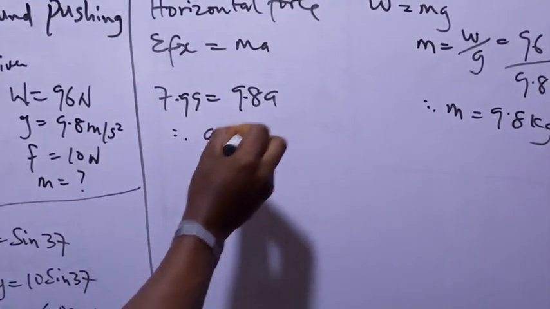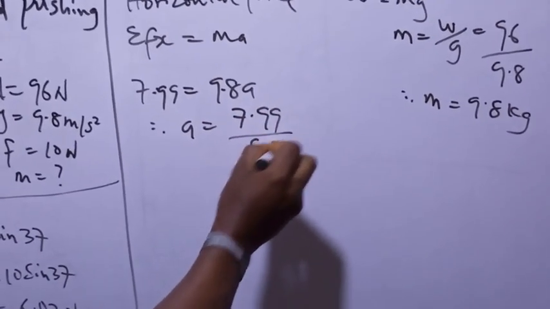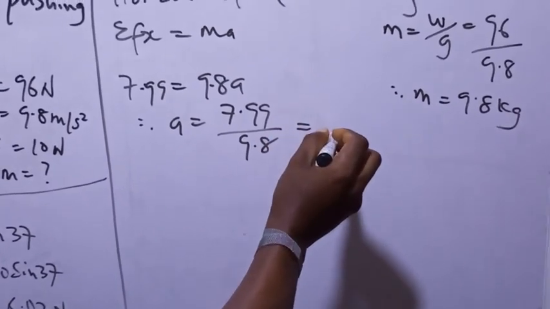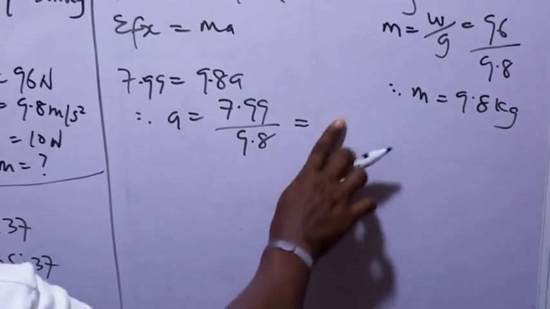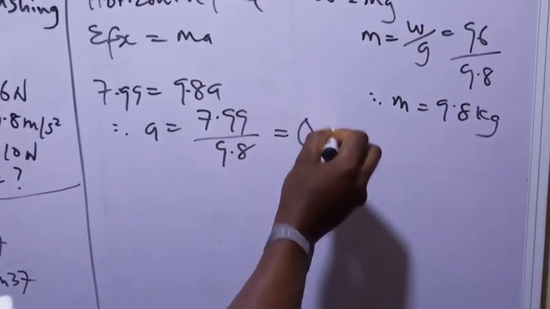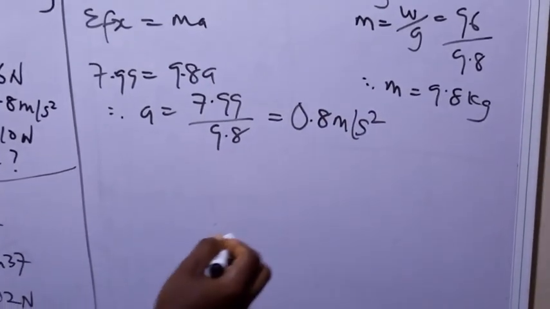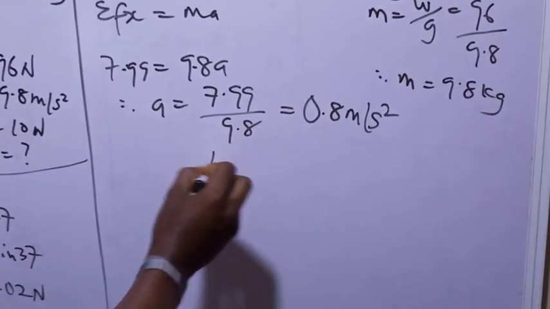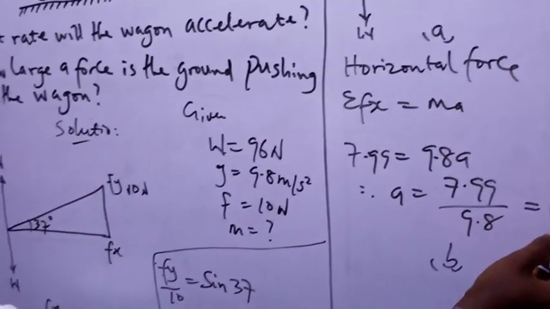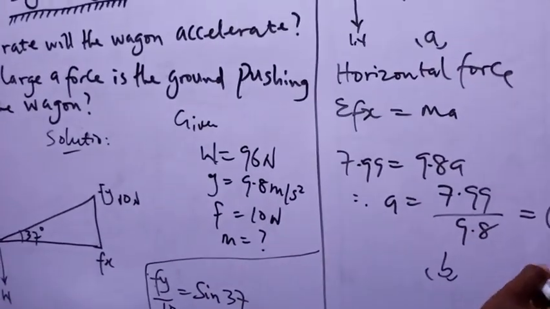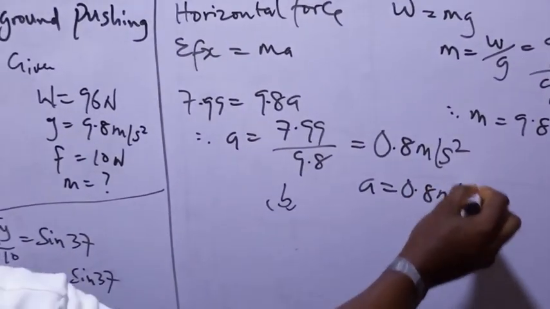Therefore, acceleration here will be 7.99 over 9.8, which will be equal to 0.8 meter per second squared. Acceleration here. And A asks at what rate the wagon accelerates. This is the rate with which it accelerates. Let me just say acceleration equals 0.8 meter per second squared.